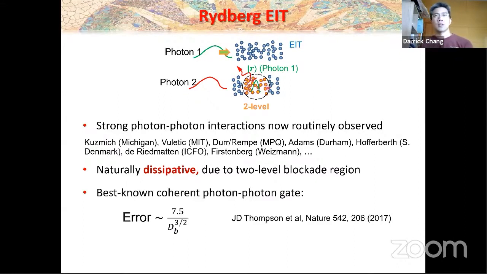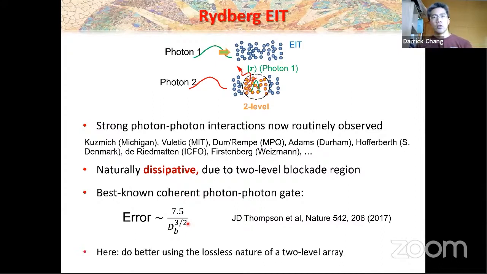That makes this Rydberg EIT effect difficult, to some extent, to turn into a coherent photon-photon interaction, like a gate. It's possible, but the best known protocol for a gate has an error that scales like 1 over the optical depth within a blockade radius to the 3/2 power.